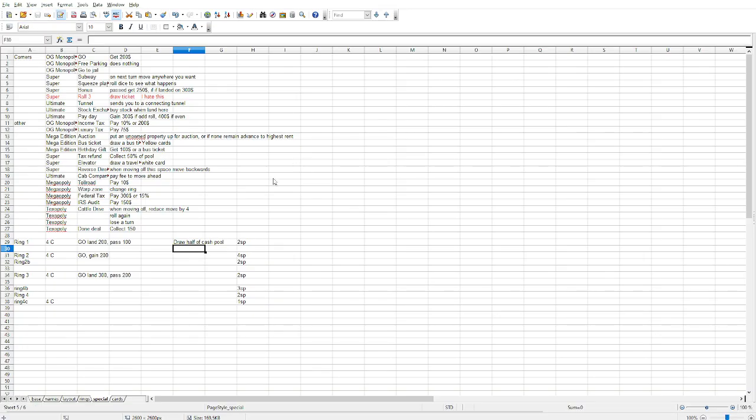I'm pretty sure that's in there, one of them. Oh, yeah, here it is. Super Monopoly: collect 50% of cash pool.